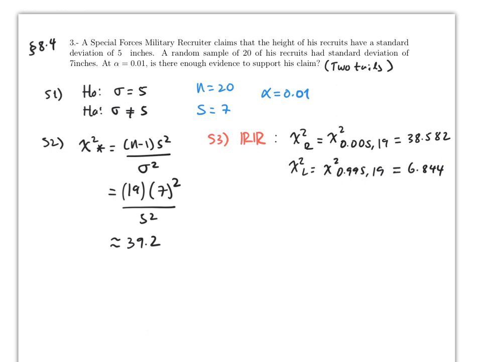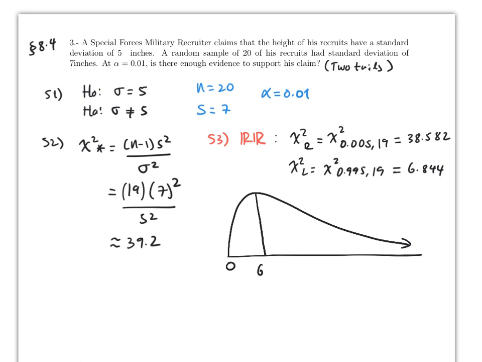Okay, next you have to draw the rejection region. Remember that this is not symmetric, so this starts at 0, so you have to be careful with the left side. So the left side is this one, the right side is 38.582. So the rejection region is here and here.